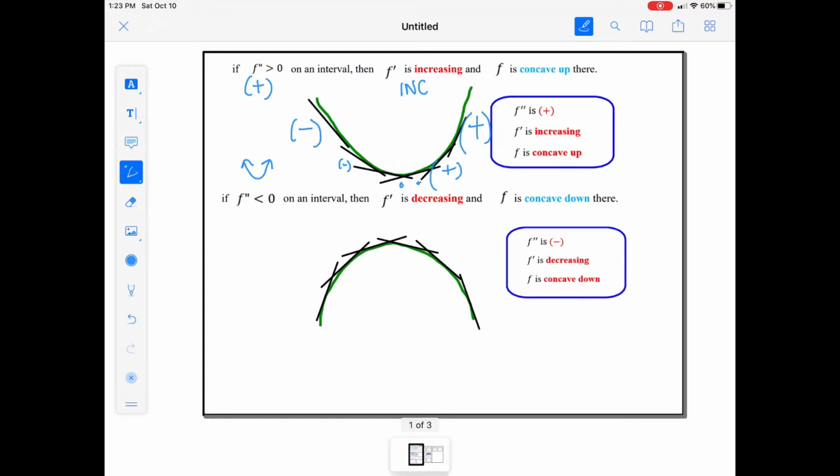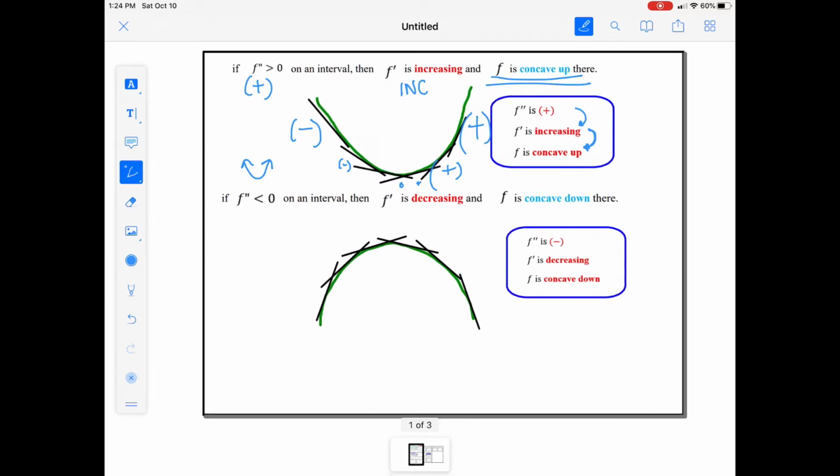So as I'm reading the slopes of that graph from left to right, I can see that those slopes are increasing. So that first derivative being an increasing function now tells me what the shape of f must be. Those two go hand in hand. If my f prime is increasing, it tells me f has to be concave up. So a positive second derivative implies f prime is increasing, and f prime increasing tells me the shape of f has to be concave up.